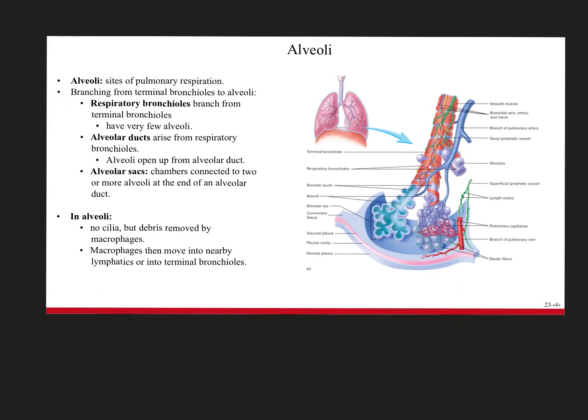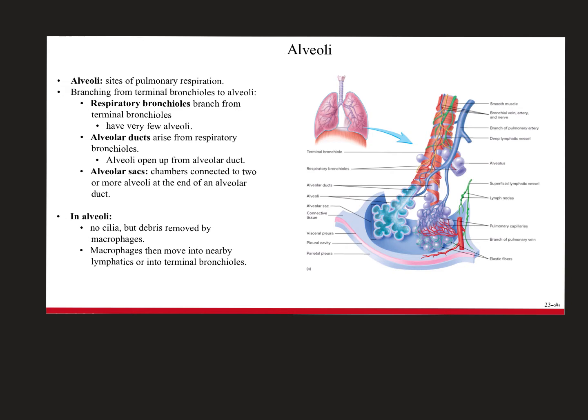Moving into the alveoli. At this point, we have left the conducting zone and we have entered the respiratory zone. Okay, the respiratory zone starts with the respiratory bronchioles. There are some alveoli on the respiratory bronchioles.